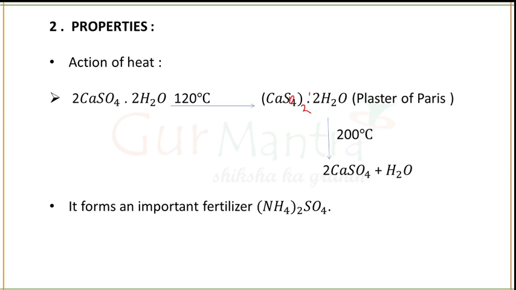There should be half a molecule of H2O. Then only you will say this is plaster of Paris. When you heat this at 200 degrees Celsius, you will get anhydrous calcium sulfate. Calcium sulfate also forms an important fertilizer, that is (NH4)2SO4. This is also a very important point, and this was a PYQ of GATE.